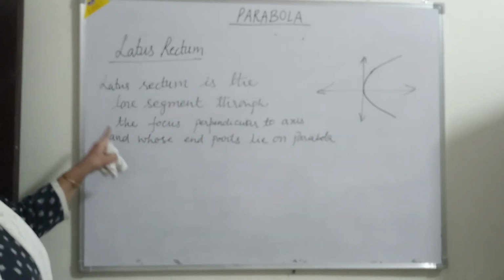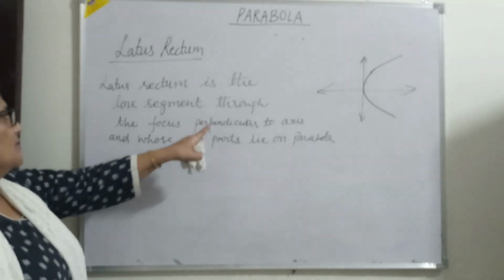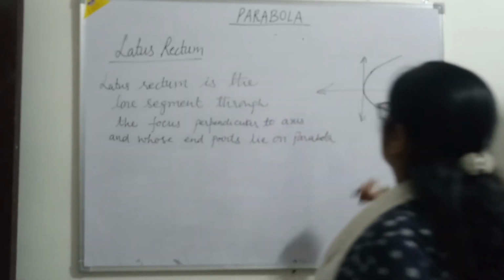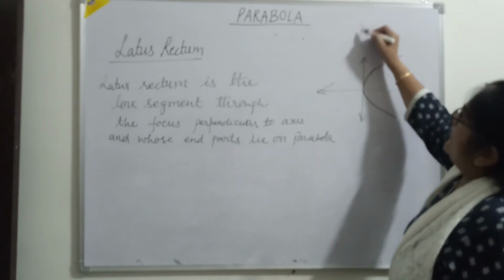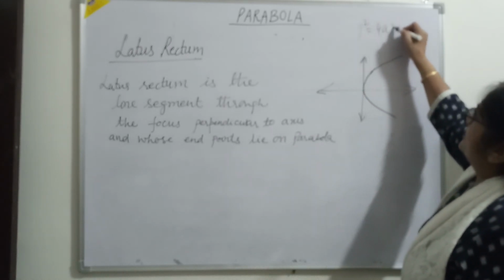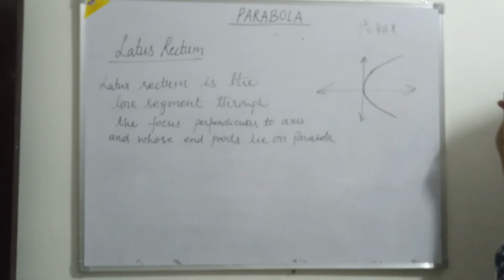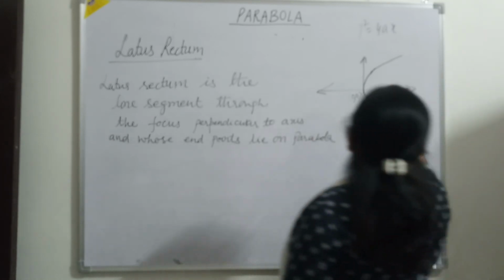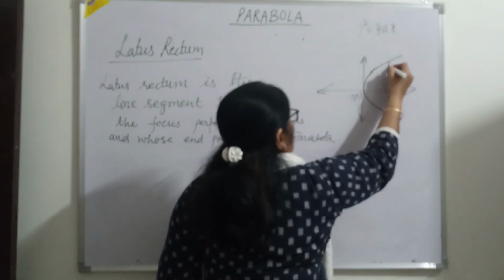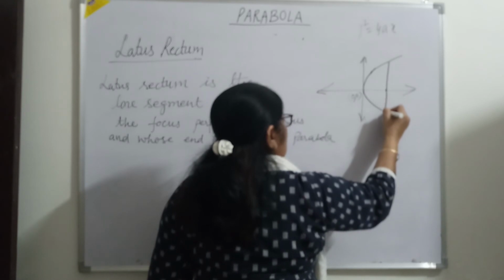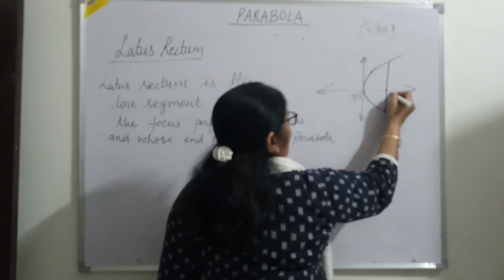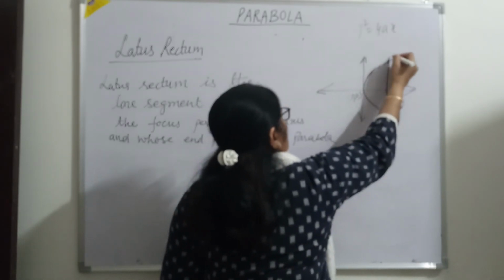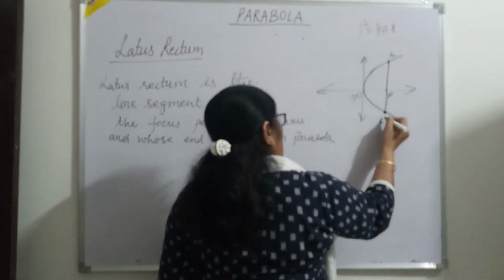The latus rectum is the line segment passing through the focus and perpendicular to the axis. As we have taken y² = 4ax, it opens to the right with the vertex at the origin. Let F be the focus. The line segment passes through the focus and its endpoints lie on the parabola.